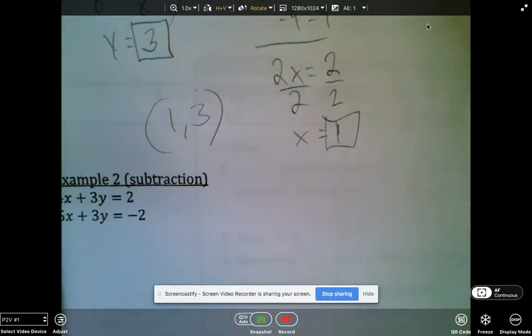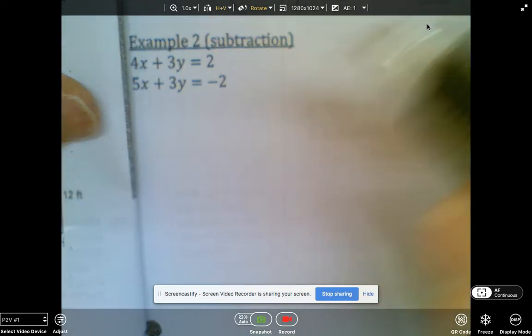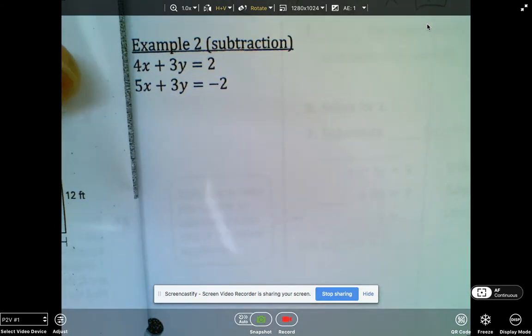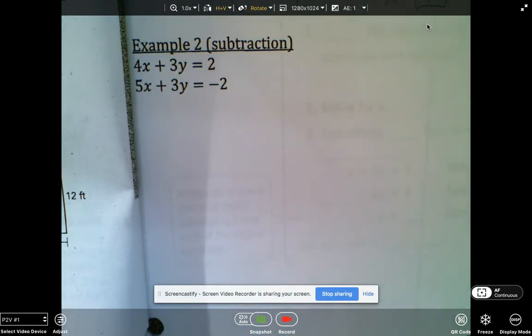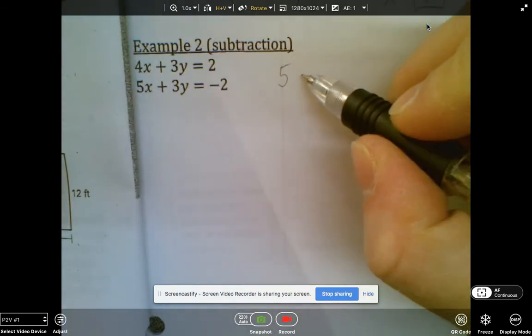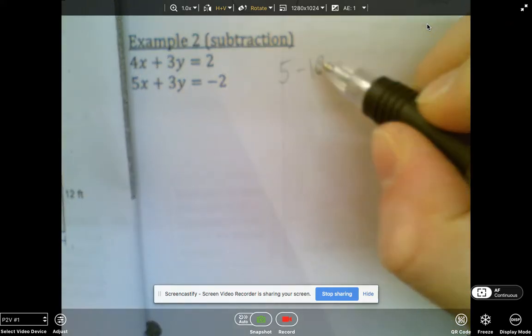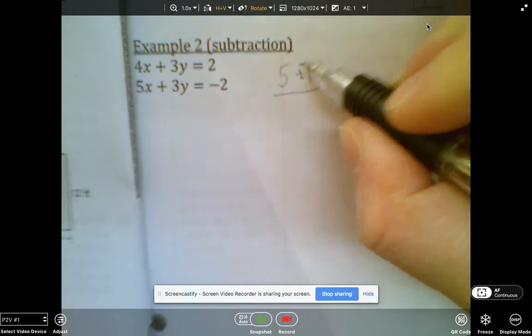All right, let's do another one. This time it's going to be subtraction. Looking at these two equations, if you were to subtract, can someone raise your hand and tell me what would eliminate here? Yeah, the y's. Believe it or not, when you subtract, like 5 minus 10, you have to change to addition and change the sign.